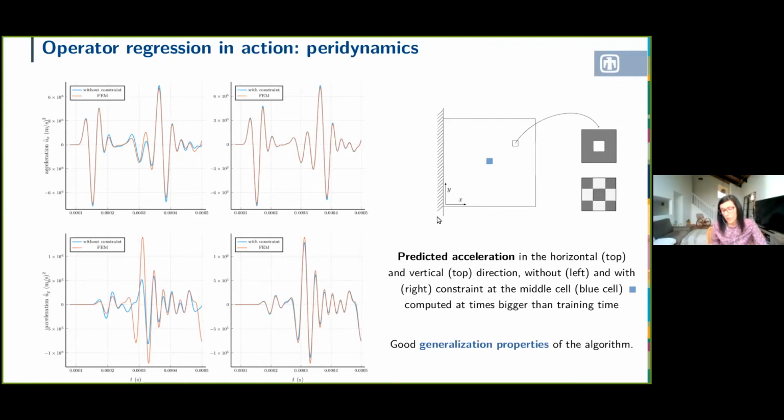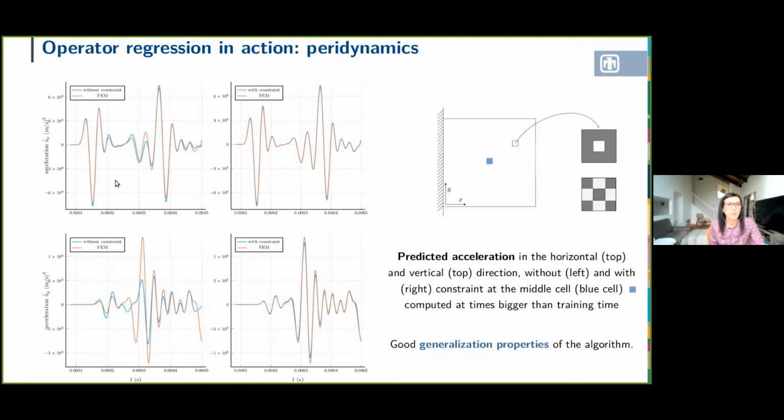So once the optimal kernel is obtained, we test it on a new simulation using different forcing terms, for example. So the settings are completely different from the training settings, and we run the simulations for times that are much higher than the training time, just to test the generalization properties of our algorithm.